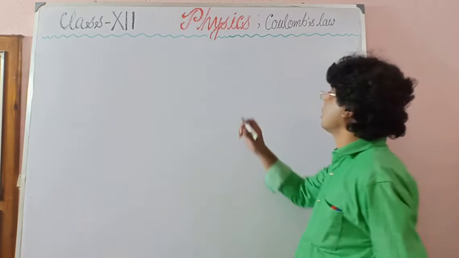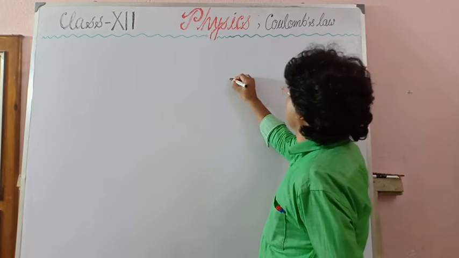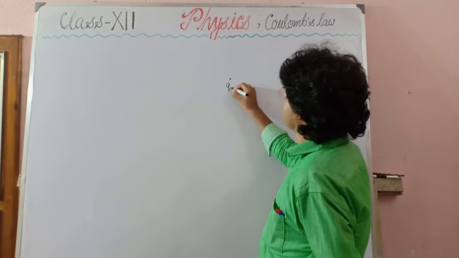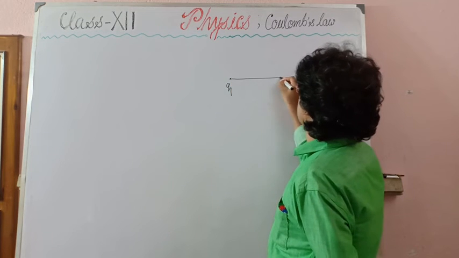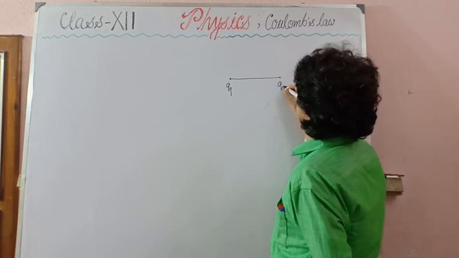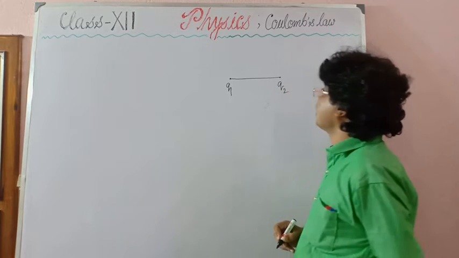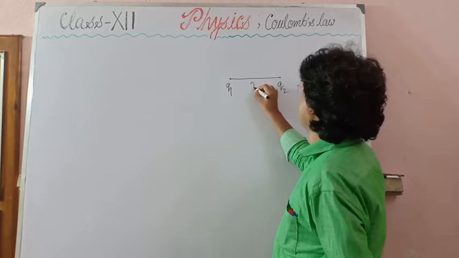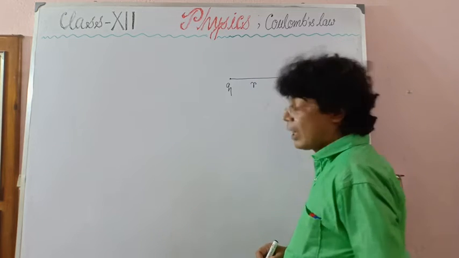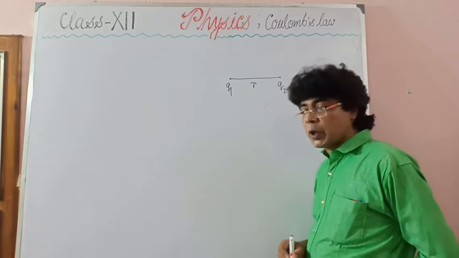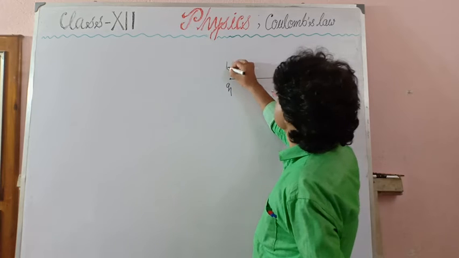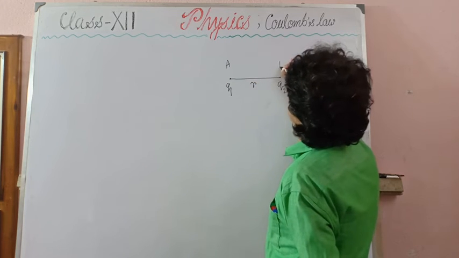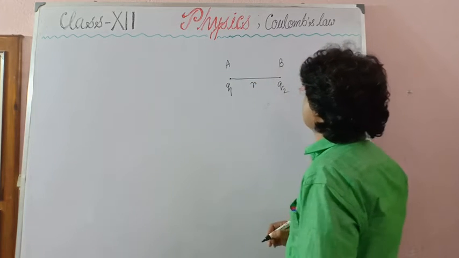Suppose two point charges Q1 and Q2, separated by a distance r, are situated at points A and B respectively.